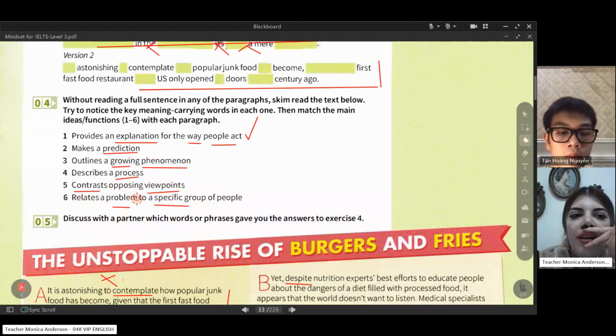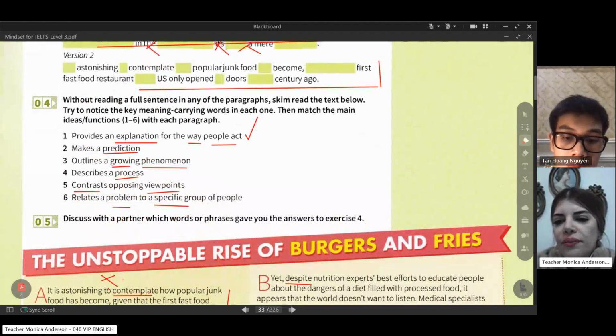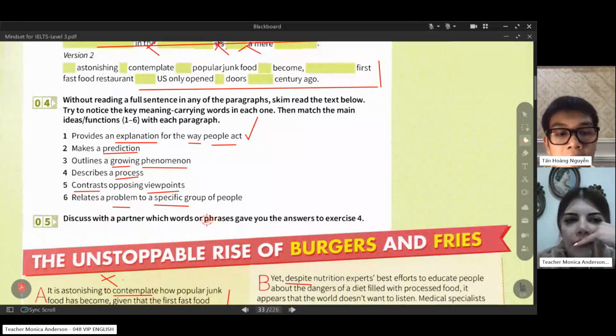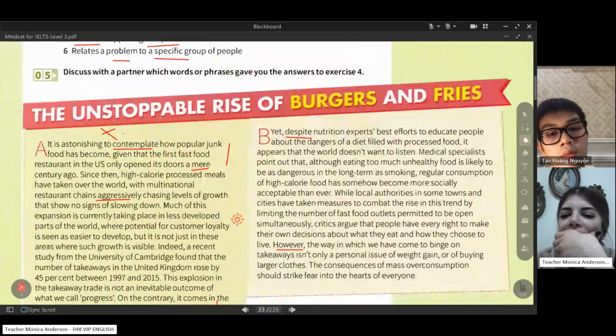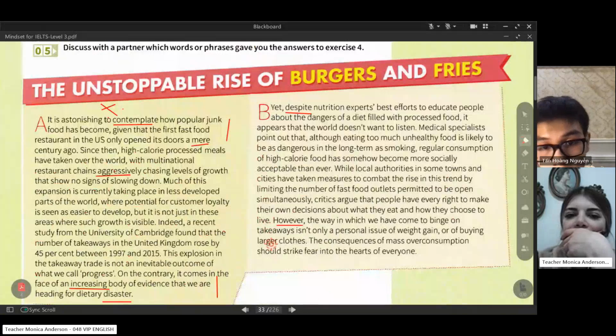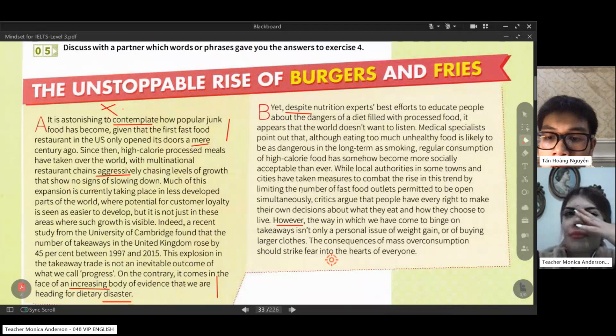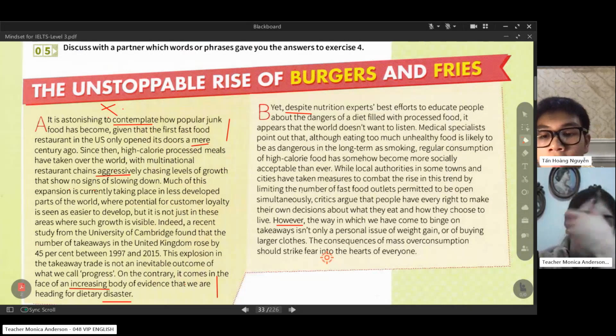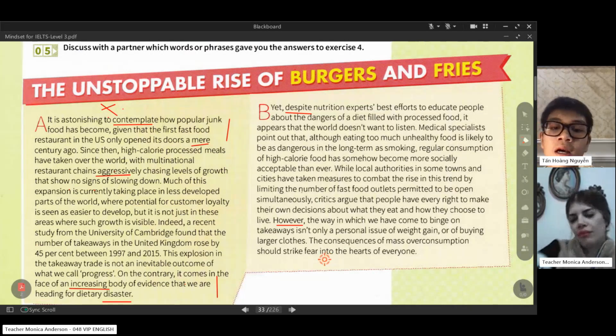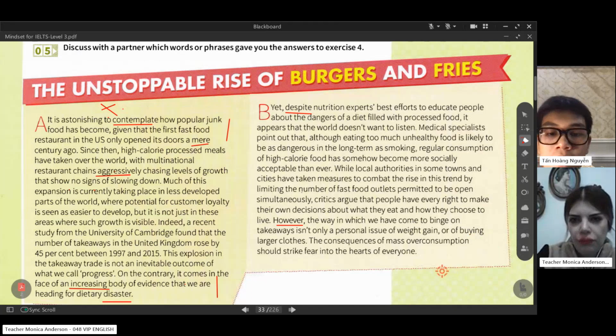Number 4, contrast, opposing. Letter B. And what words? It said that specialists point out that although eating too much unhealthy food is likely to be as dangerous in the long term as smoking and regular consumption of high-calorie food.